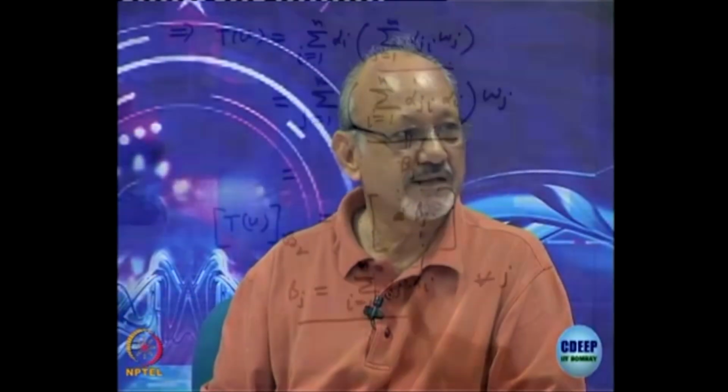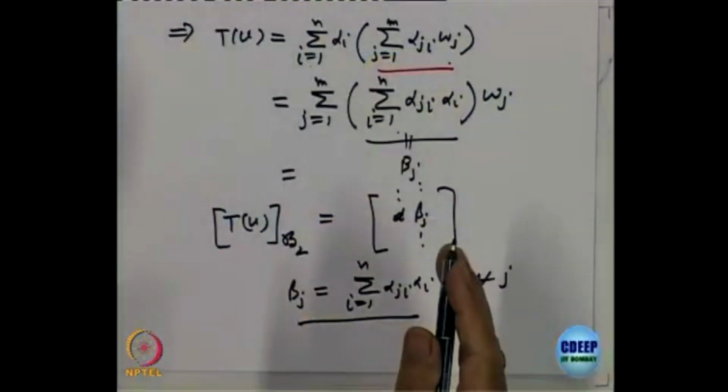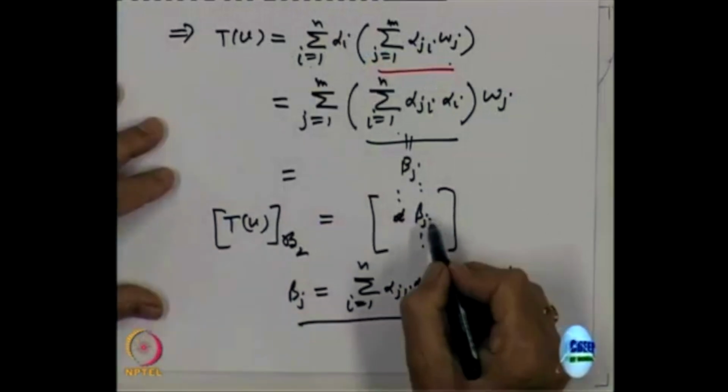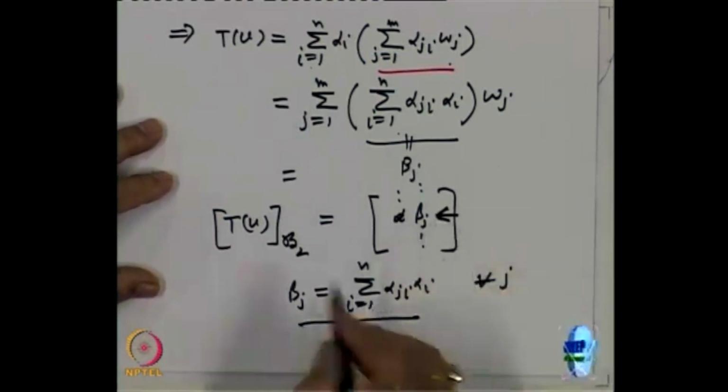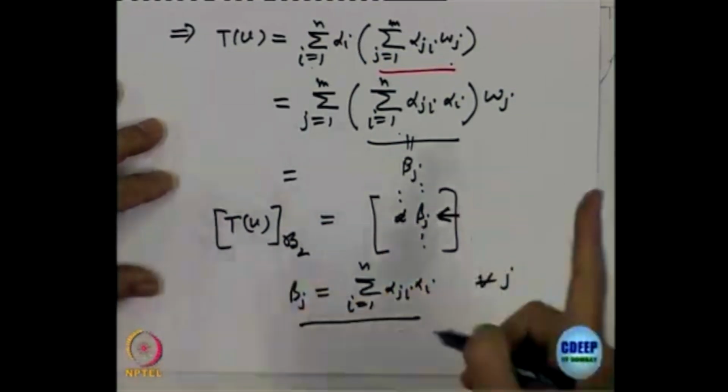What is beta j? If I take a matrix with alpha j i entries, then how do you get the corresponding entry here? Multiply this by alpha 1, this by that one, right. That is precisely equal to this. This is matrix multiplication.